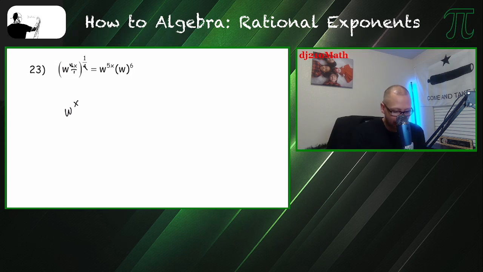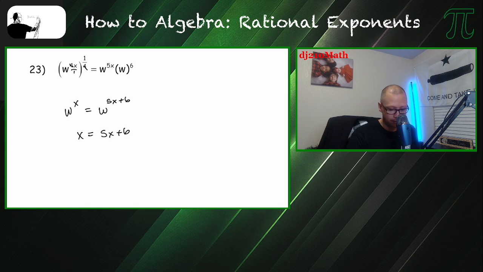So this is going to be w to the x power, which is equal to, multiply common bases, so we're adding the exponents, 5x plus 6. Again, the bases match, so we can equate the exponents to one another. And this is already looking nice. So this is going to be minus x, minus x, minus 6, minus 6.